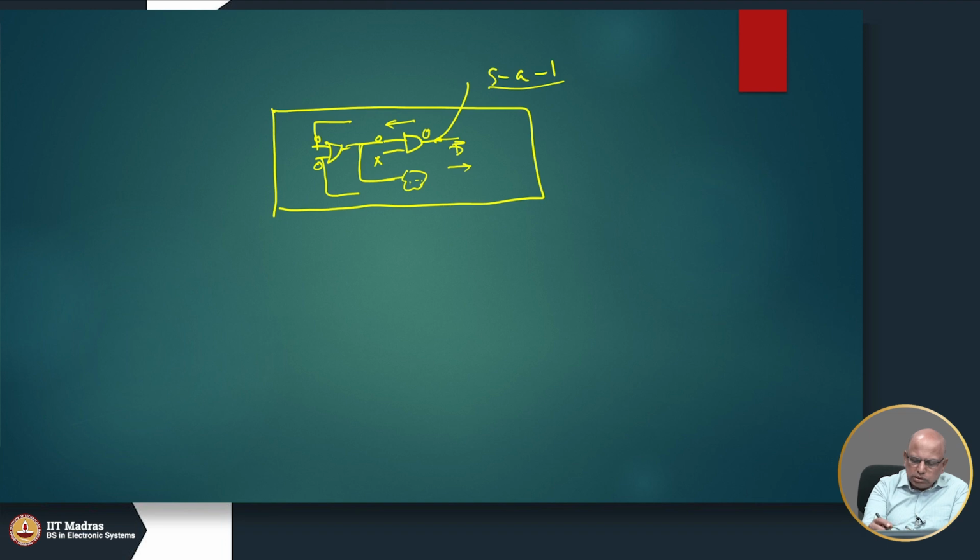So, D algorithm will want to propagate a D forward or D bar forward and a 1 or a 0 backward.